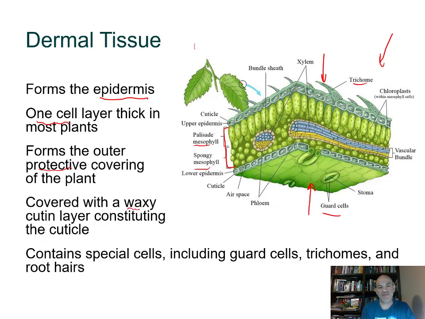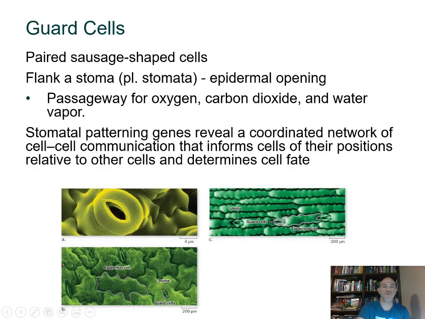In the case of a leaf, it would be a waxy material called cutin. And they call this layer, it's not living, but it's produced by the cells, the cuticle. And again, you're going to have many special cell types, including those guard cells, trichomes, and down in the roots, in the area where new root growth occurs, you're going to have root hairs growing there.